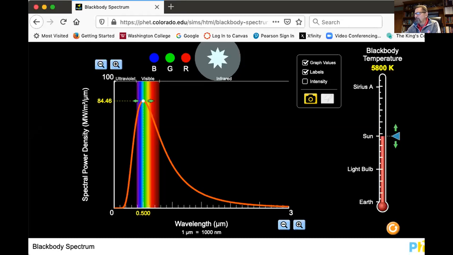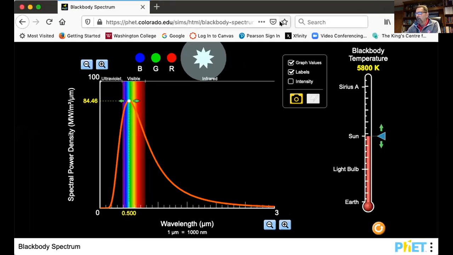Michigan State does these. And hopefully you're seeing a Planck distribution, the curve in red. You see it's called a spectral power density. In this case, they're going megawatts, capital M, per meter squared, and then per frequency or per wavelength, they're going with micrometers, microns. And in optical frequencies, most people talk about nanometers, hundreds of nanometers.